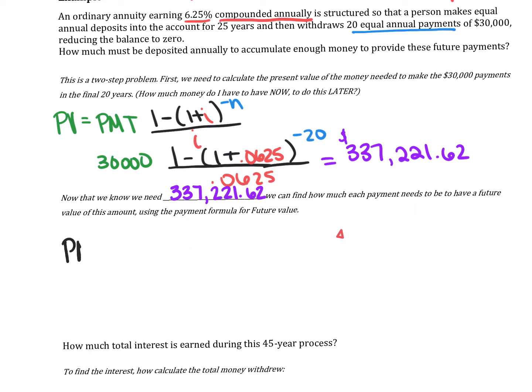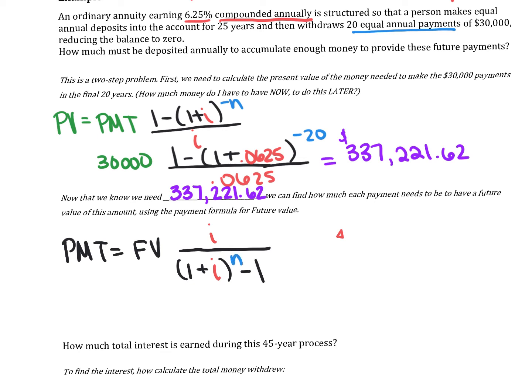Our payment formula for future value is: the payment is equal to the future value times I over (1 plus I) raised to the n, minus 1.